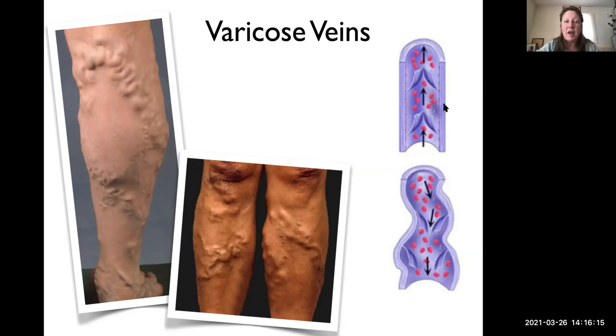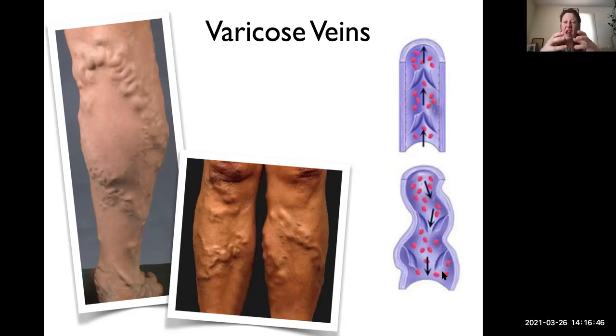In varicose veins, people are born with a genetic defect that causes the valves in the veins to malfunction. They don't prevent the blood from flowing backwards. And what happens is as the blood flows backwards and accumulates in each of the vein segments, the veins begin to stretch because of the increased volume of blood and the increased pressure in the veins.